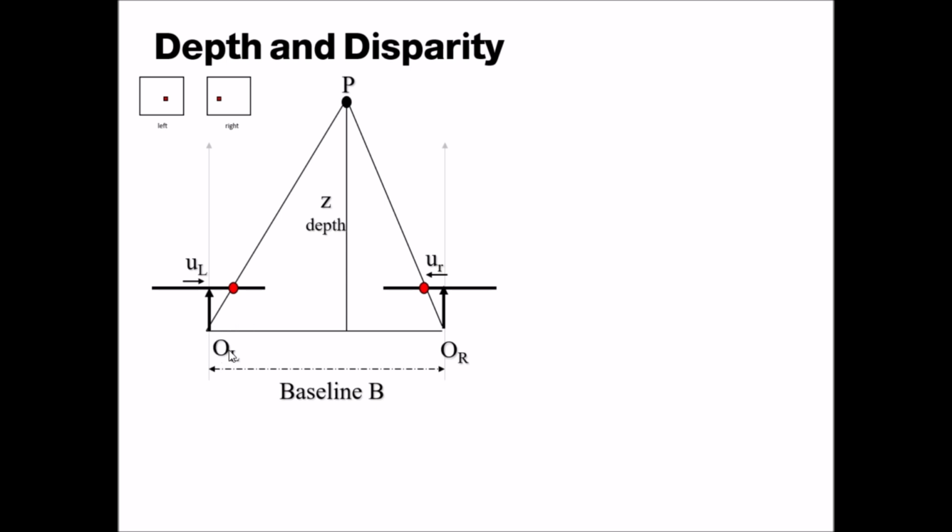We know that every camera has something we call the focal length, which is the distance between the center of the camera and the image. This we call the focal length F. We also have the baseline, which can be separated into B1 and B2. B1 and B2 together equal B, the baseline.